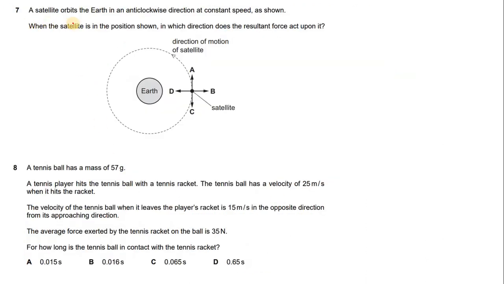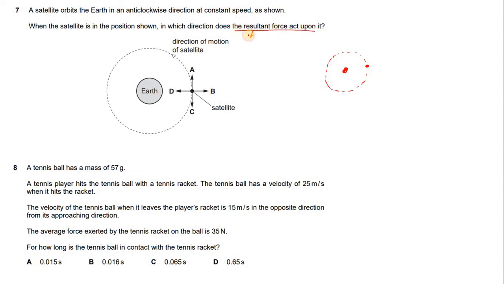Question number 7. A satellite orbits the Earth in an anti-clockwise direction at constant speed as shown. When the satellite is in the position shown, in which direction does the resultant force act upon it? Again, a typical question in MCQs. They give you a particle in a circular path. Regardless of clockwise or anti-clockwise, this is the center of the path, and this is the particle moving. Remember, there is a resultant force acting.